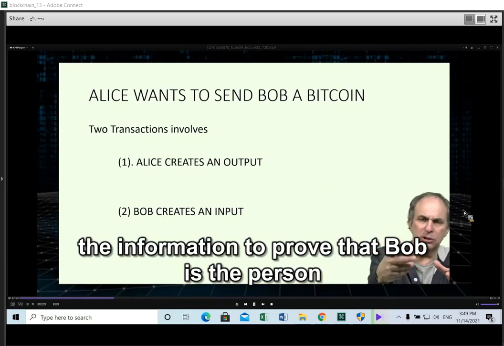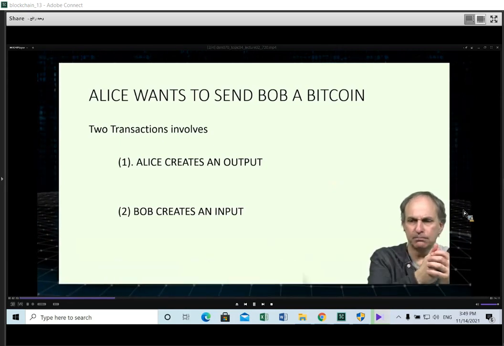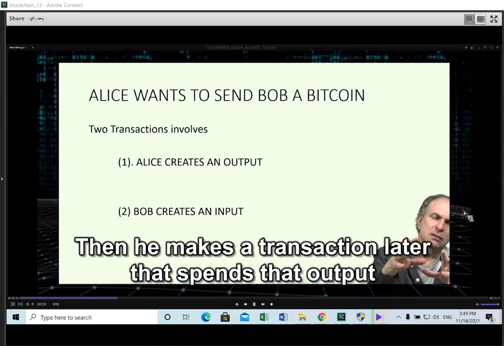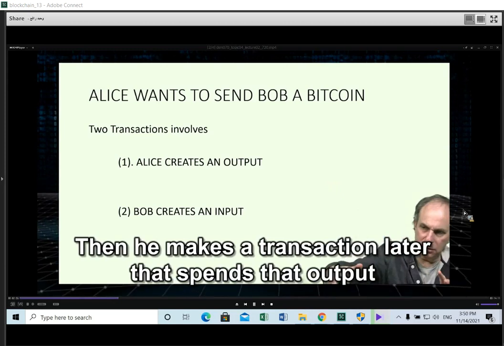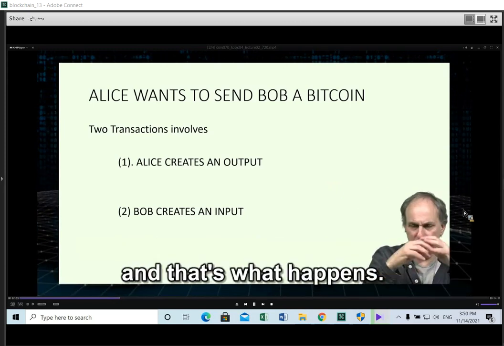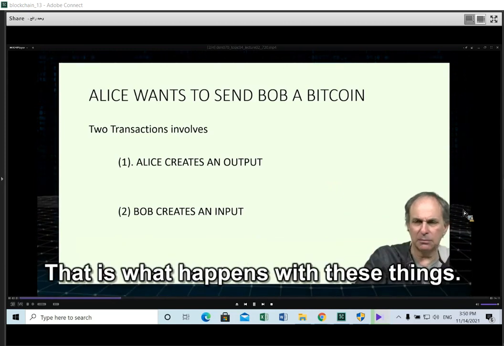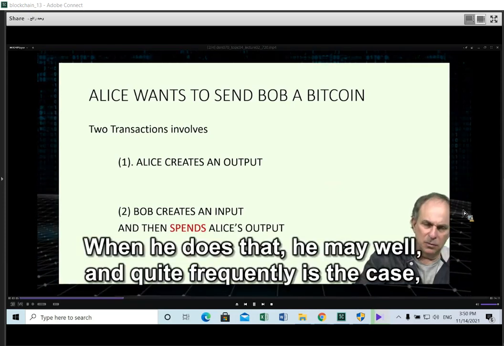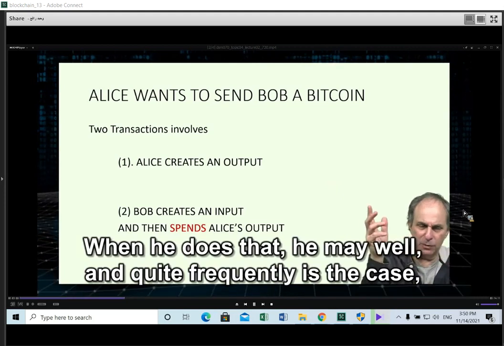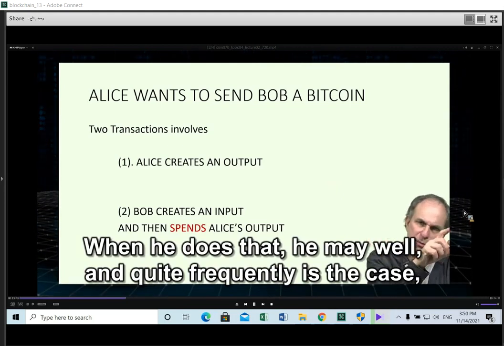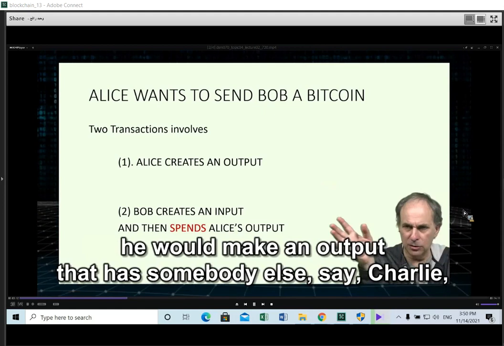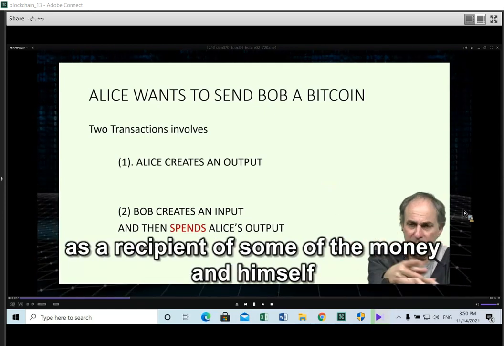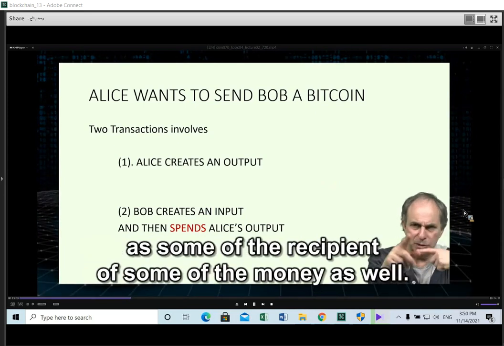So there'd be two outputs then, one for Charlie, one for Bob, and the one for Bob is unspent until he spends it. So when you spend outputs, they might be outputs that you've sent yourself. Right. So spending's a big thing. Remember, we've got this chain of transactions, and it's about spending Bitcoins through these transactions.